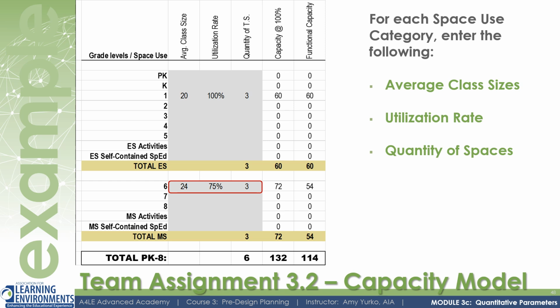That tells us that we actually have 72 chairs, but we have a capacity of 54 students. So you can see by entering this data, you can follow down the bottom line and see how it affects the capacity, 100% capacity and the functional capacity of the school.